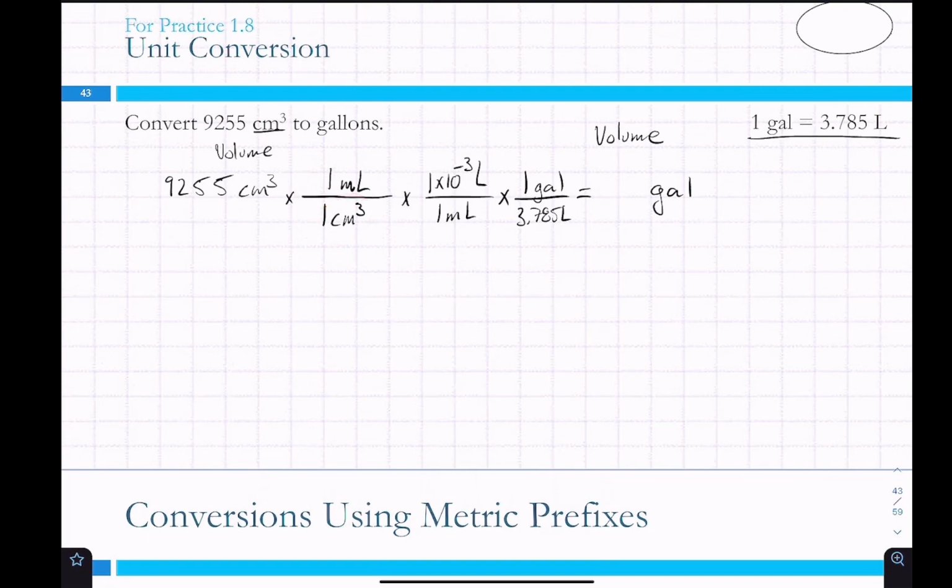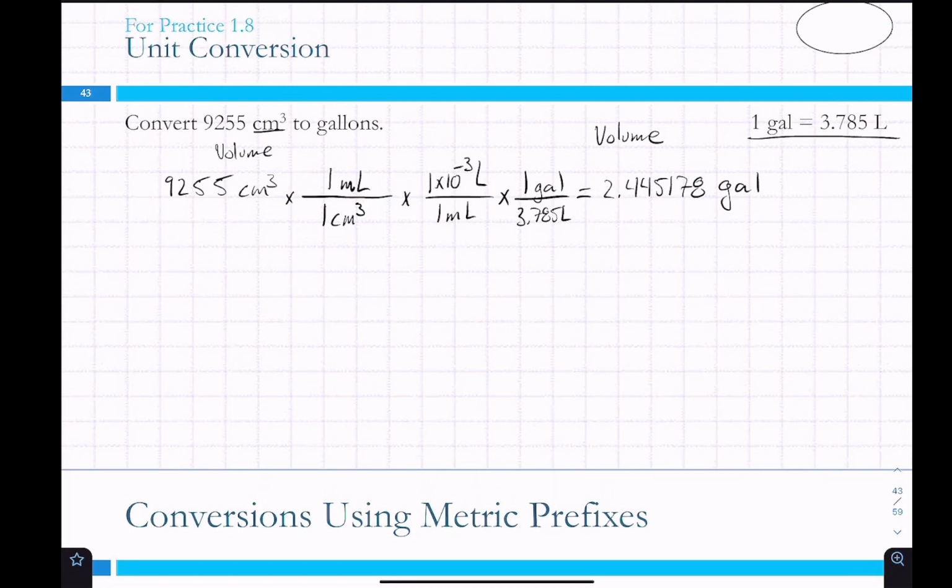If we were going from centimeters cubed into inches cubed or something like that, then we would need to do that. So we take our 9,255 times 1 e to the negative 3, and then divide by 3.785. So everything the calculator gives me here now, that is 2.445178. I guess not quite everything, but more than we're going to need.